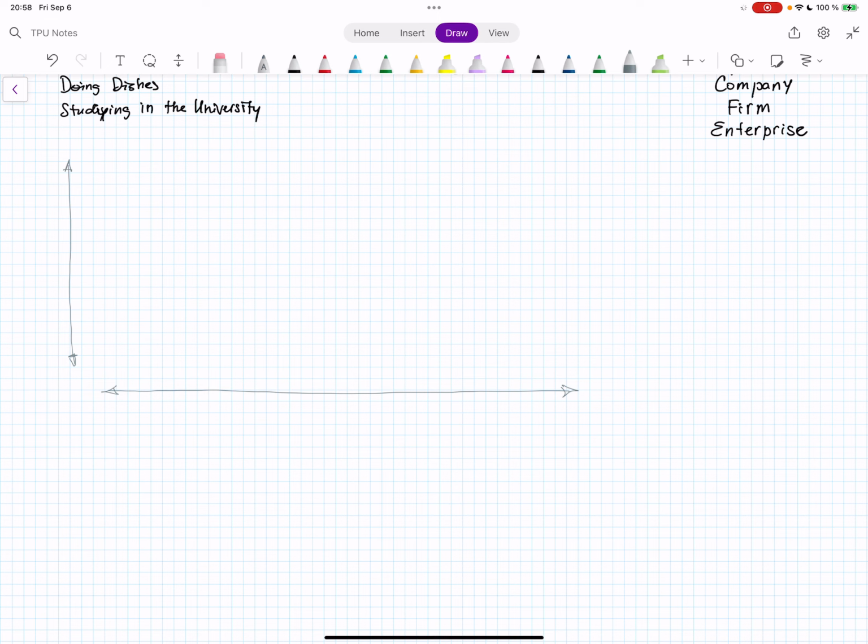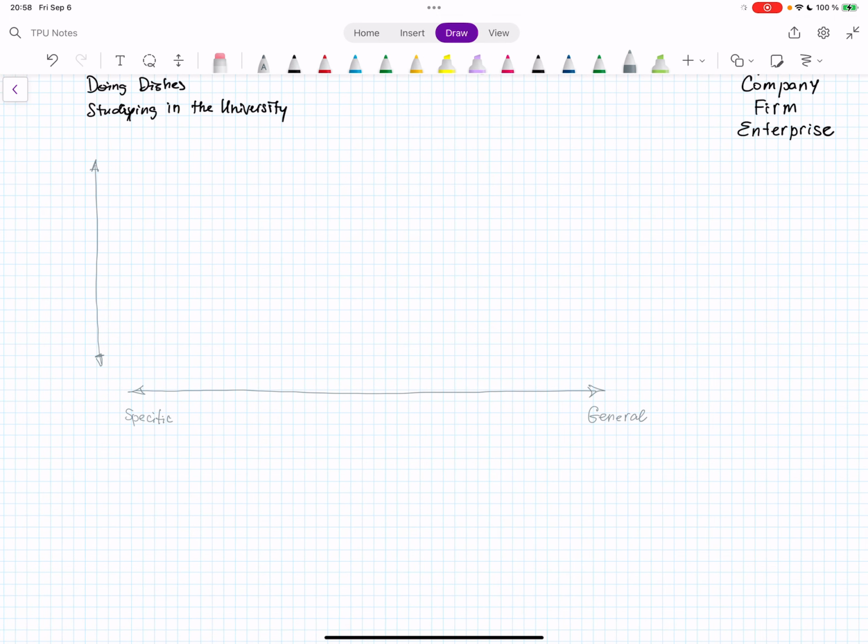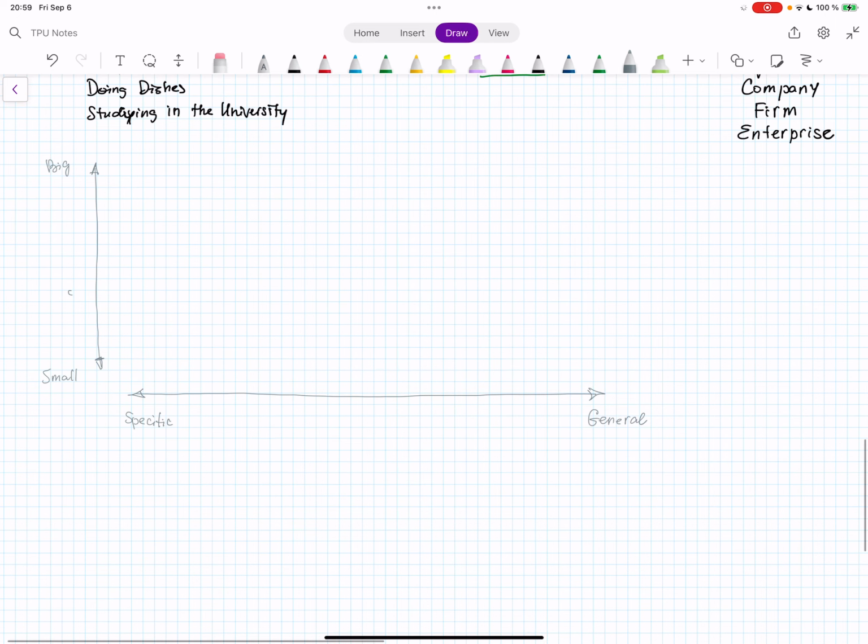And there will be a range of goals depending on how specific the goals are or general. So the goals may be very specific or very general, or the scope of the goals, they may be small or they may be very big. So this is kind of the scope of goals.